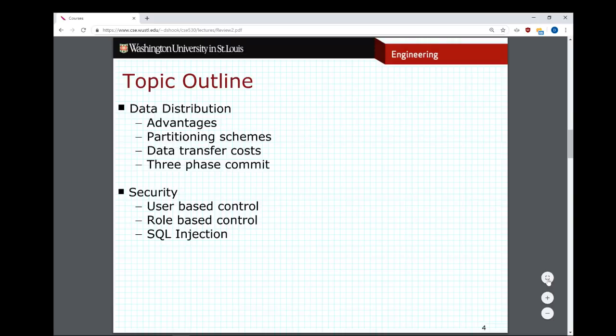Yeah. Can we go over three phases? Can I go over it again? Yeah. Okay, so the phase that we are introducing is a phase called prepare to commit.